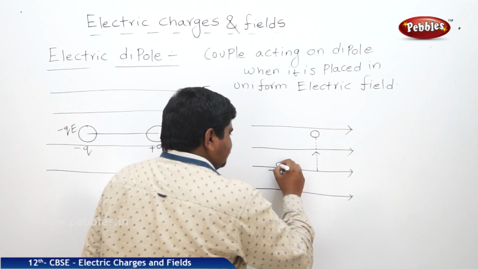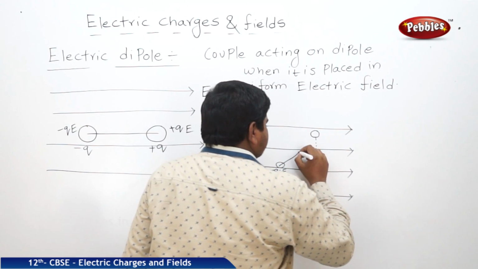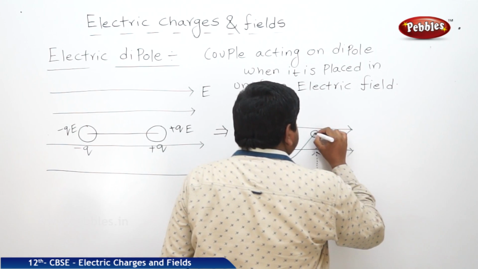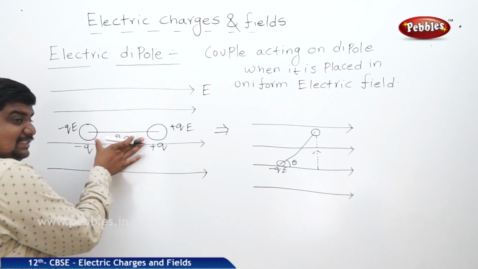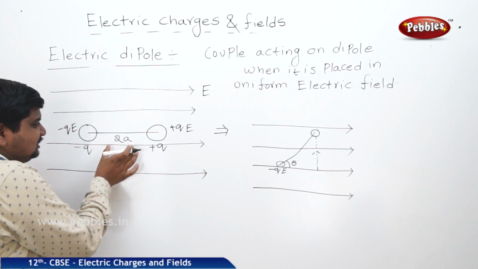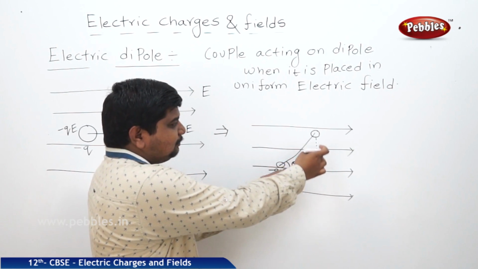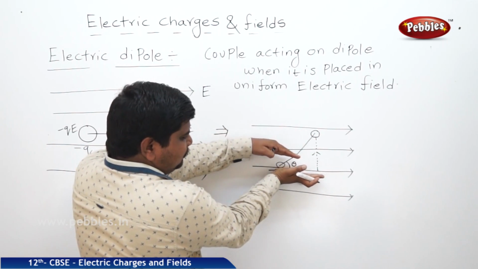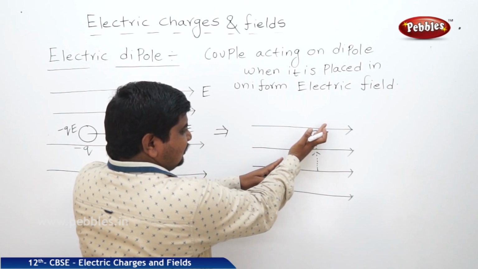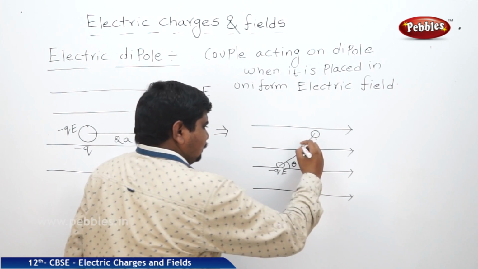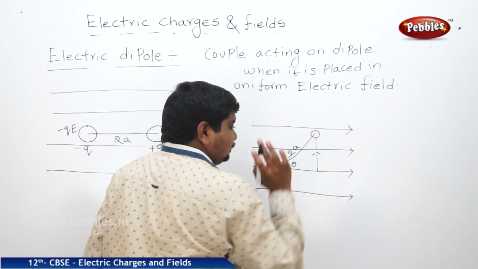Now just please draw the line which joins the centers of the two charges. The distance between these two charges is 2a. Now, because of the force of repulsion experienced by the positive charge, the dipole was changed from this position to like this. Now, the distance is 2a, we know that.